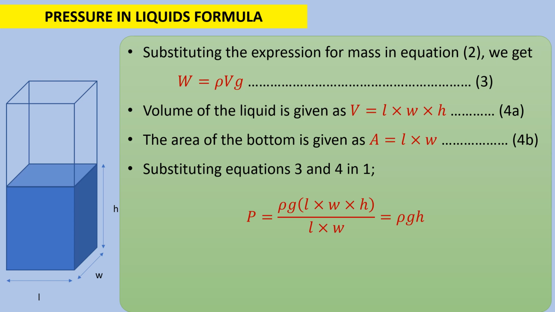You can see that we have length and width on both the numerator and the denominator side. Therefore, they cancel each other nicely, and we get pressure equals rho gh, or the density multiplied by acceleration due to gravity multiplied by the height.